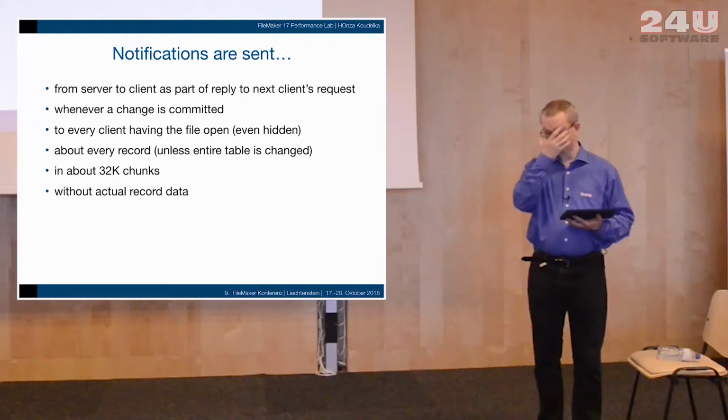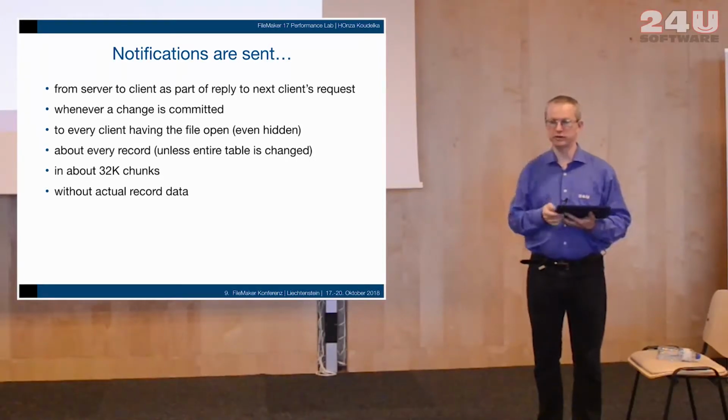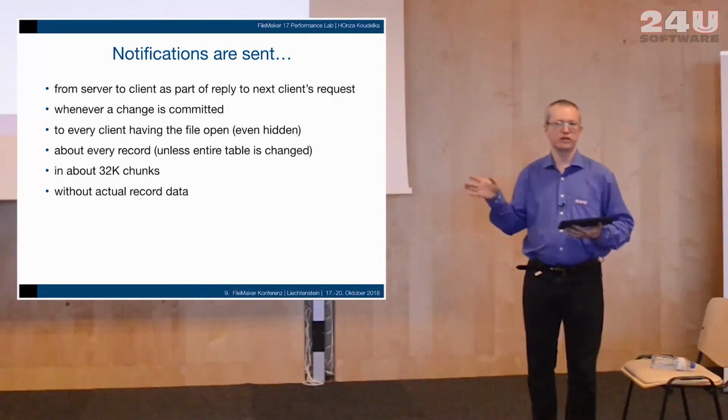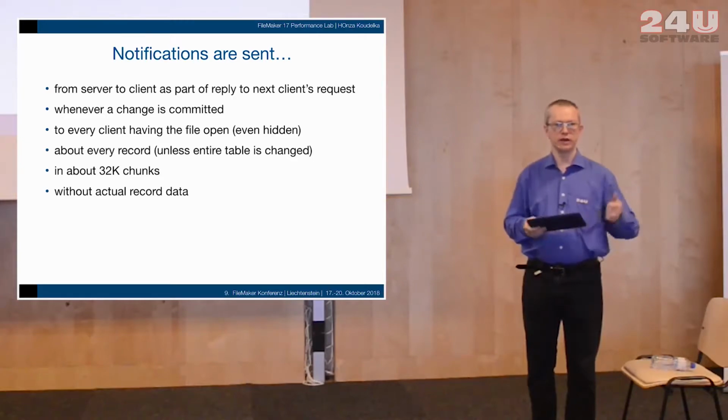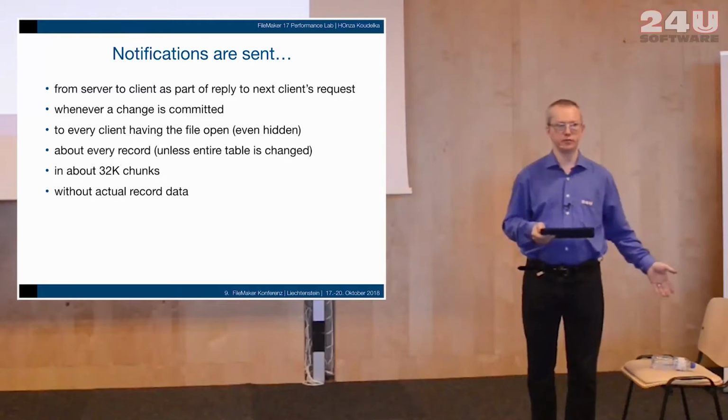When you make a change and commit the change to a FileMaker server, the server updates its own cache, then flushes the cache to the disk, and at the same time adds a notification to a list of notifications the clients are supposed to be informed about. What FileMaker Pro or Advanced or the client does with the notification is that it looks if it has any of those modified or deleted records in the cache, and if it does, it removes them from the cache.